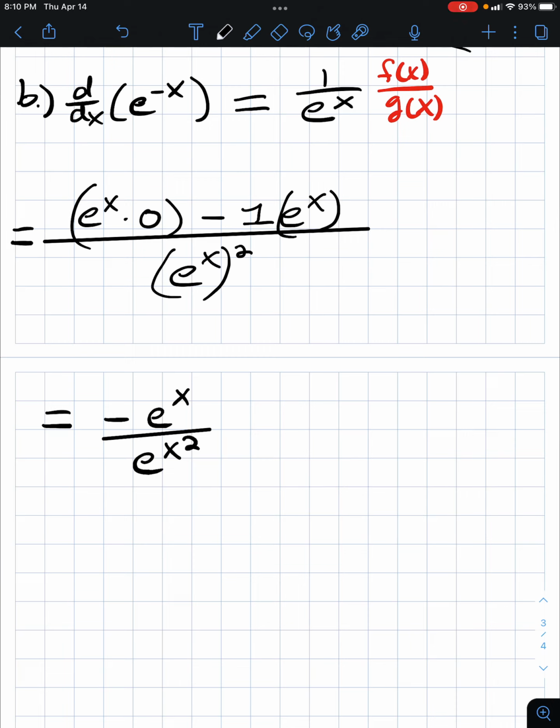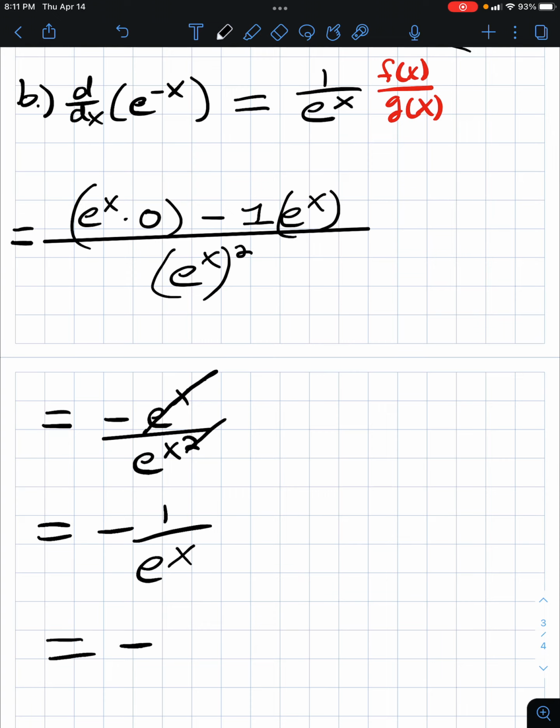What can we do from here? Using exponent laws, we can cancel one of our e to the x's, since we have 2 in the denominator and 1 in the numerator. Therefore, this is equal to negative 1 divided by e to the x.